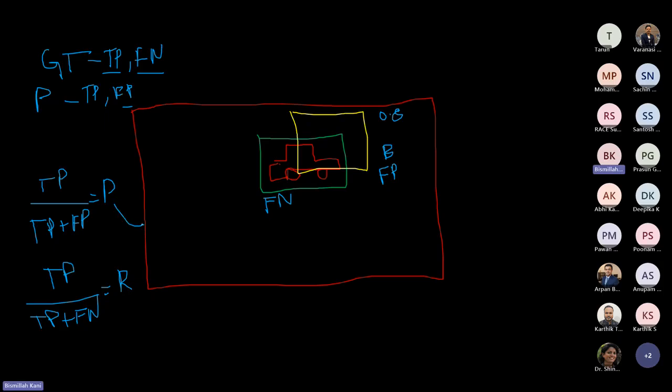Your precision tells you, out of all the predictions, how many of them are actually correct. Your recall says, out of all the actual objects, how many of them have been predicted correctly.